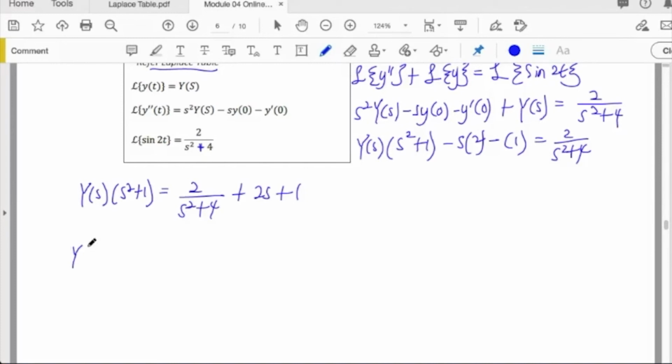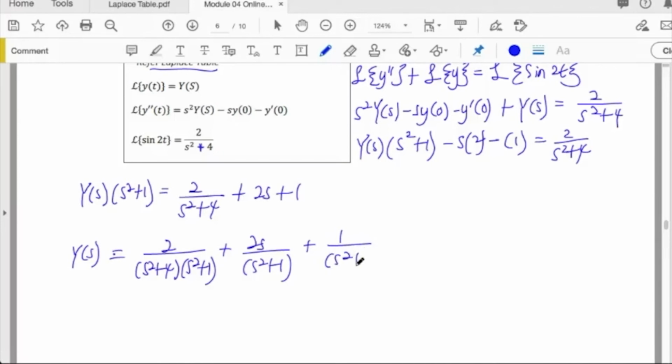And we further solve for Y(s). So it gives us 2 over (s squared plus 4)(s squared plus 1) plus 2s over (s squared plus 1) plus 1 over (s squared plus 1).